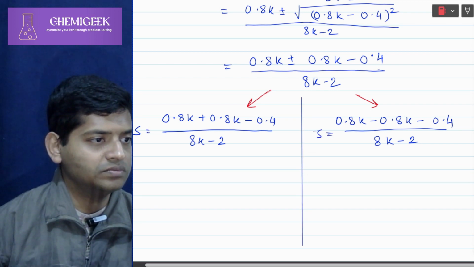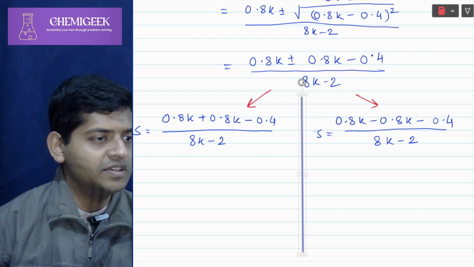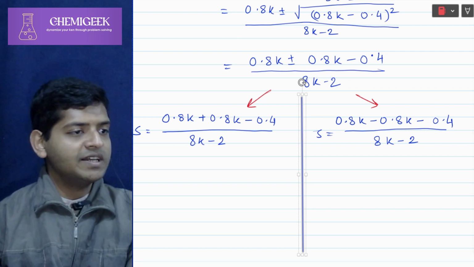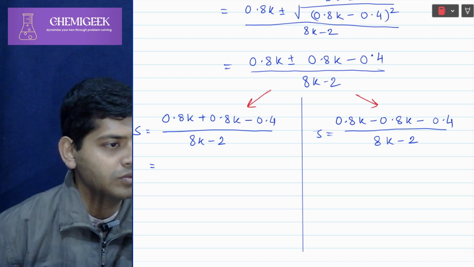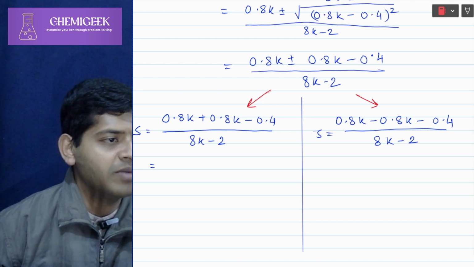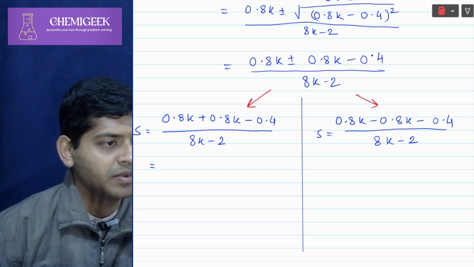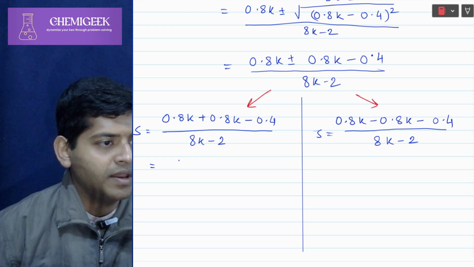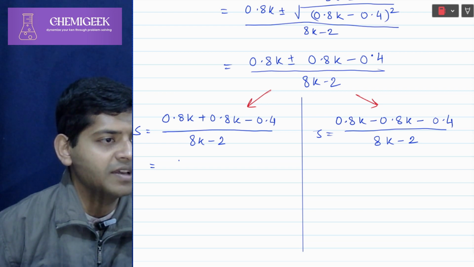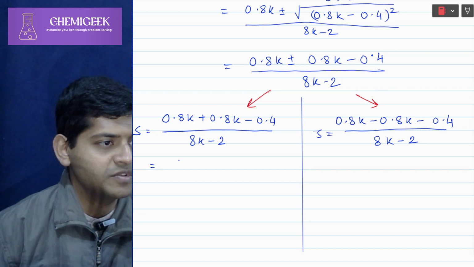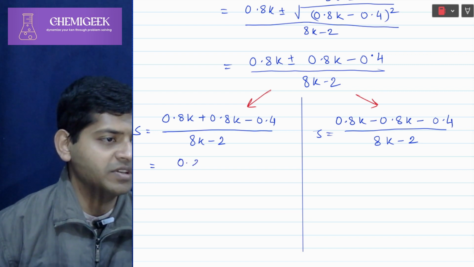So yes, the left hand side possibility is equal to 0.2 multiplied by 8K minus 2. Now how does this happen? We are actually taking 0.2 as common.